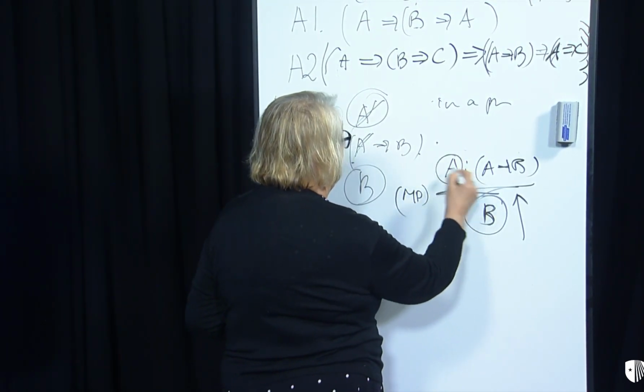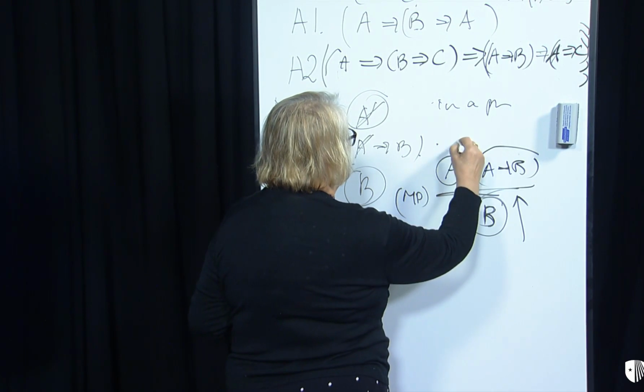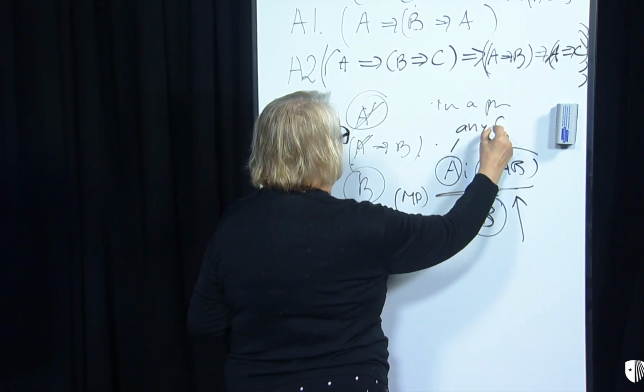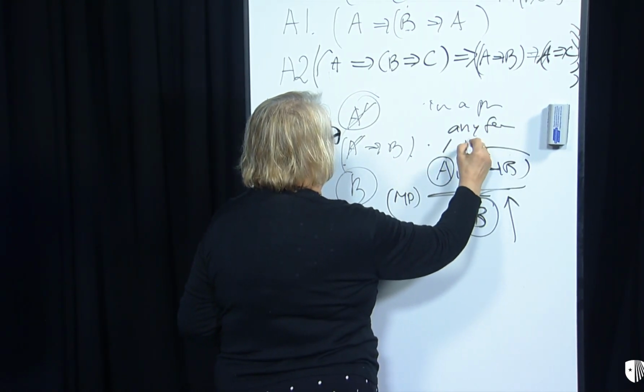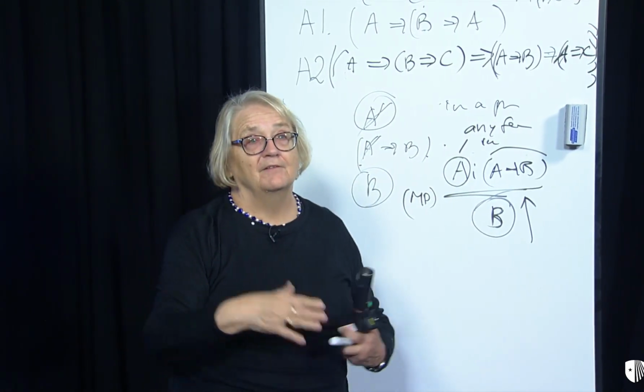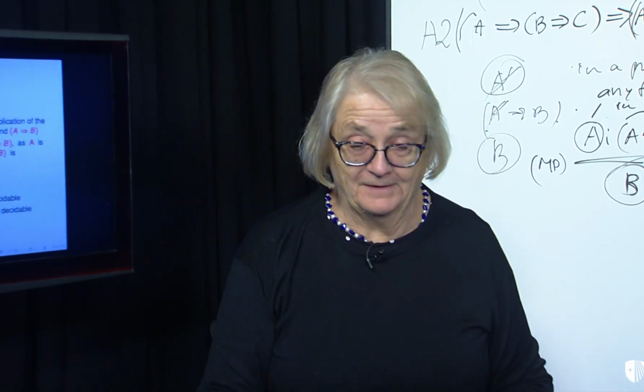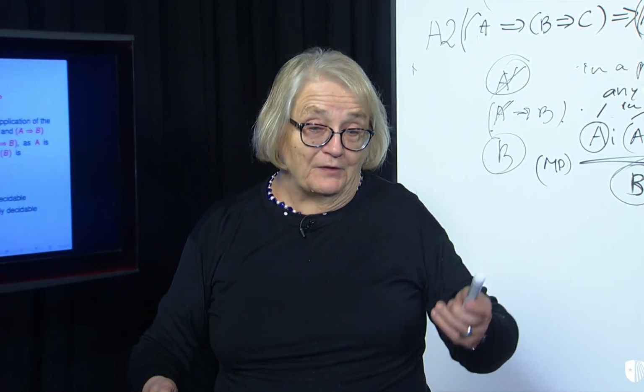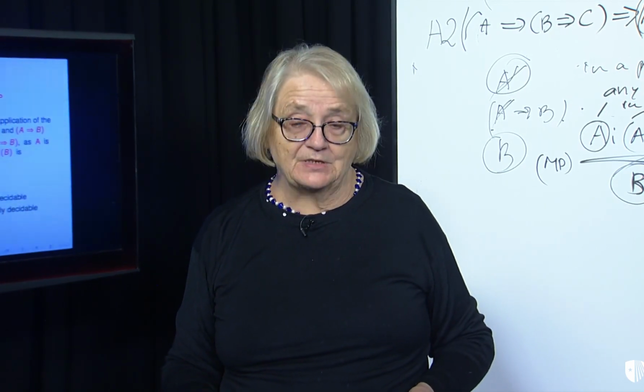It means I had A and I had A implies B. A can be any formula, so there are infinitely many such formulas, so you cannot have a finite procedure of finding it. So that's why you really need to use your mind very heavily to find those steps in the proof.